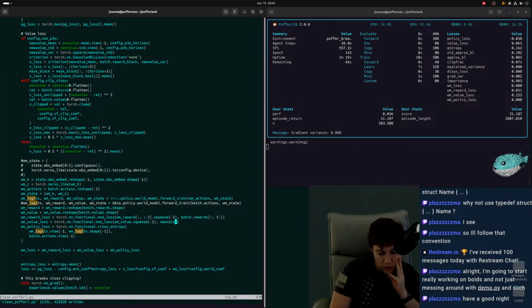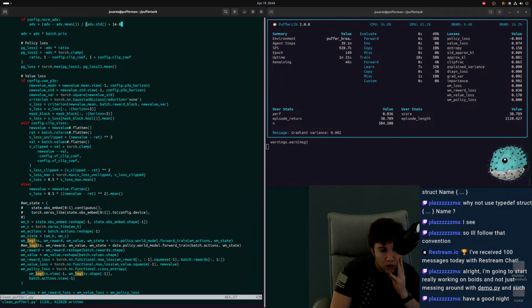Was it new value? Hang on, new value. It should be predicting return, right? Isn't this just return?